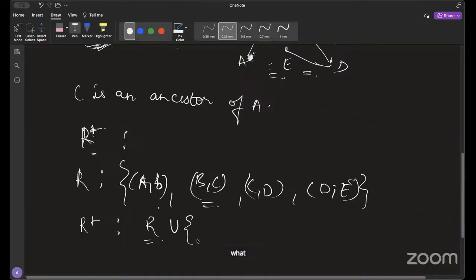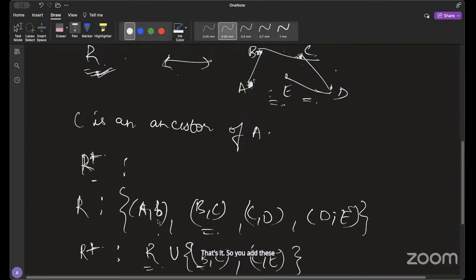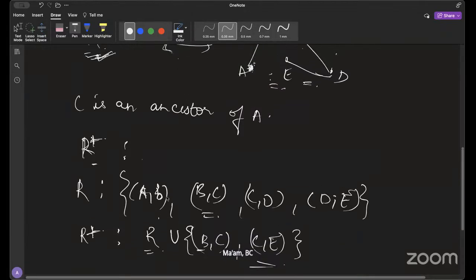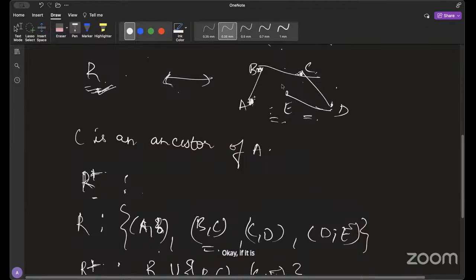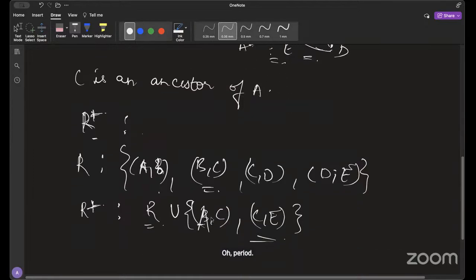What edges should be here to make this transitive?